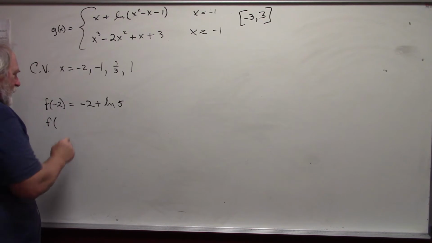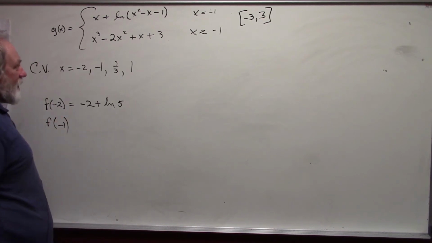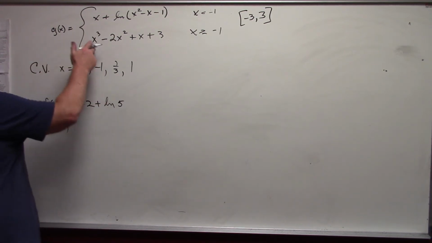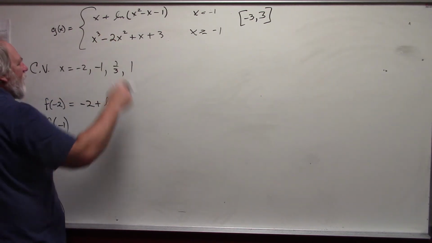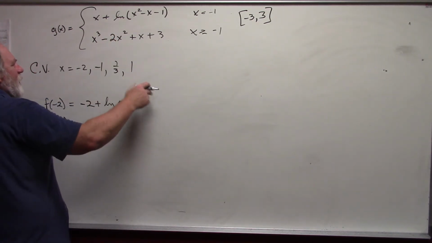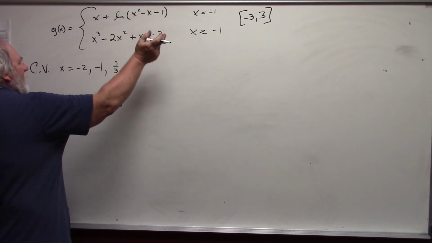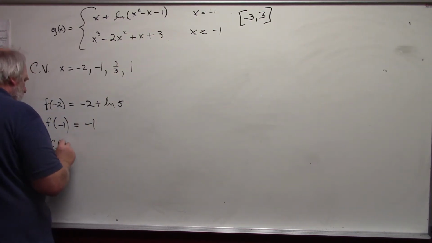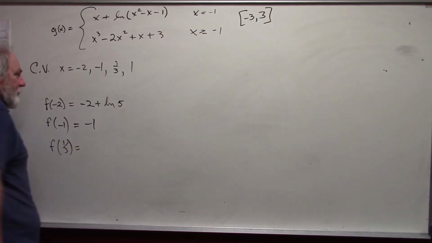f of negative 1. In this case, I remember I said the function was continuous. It wouldn't matter which of these we put in, but technically I'm going to put it into the bottom one. Negative 1 minus 2 is negative 3. Minus 1 plus 3 is negative 1. f of 1/3.